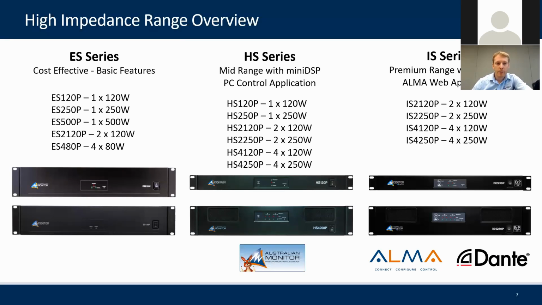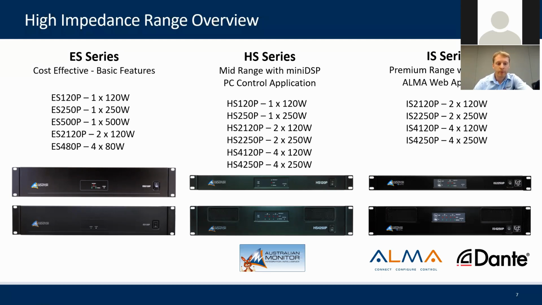So the ISP amplifiers and how that sits into our range. Over the last couple of years, we've been releasing and refreshing the whole series of power amplifiers from Australian Monitor. The ES series is our cost-effective basic range. So this is your only power amplifiers, analog in, straight to the power amplifier output.